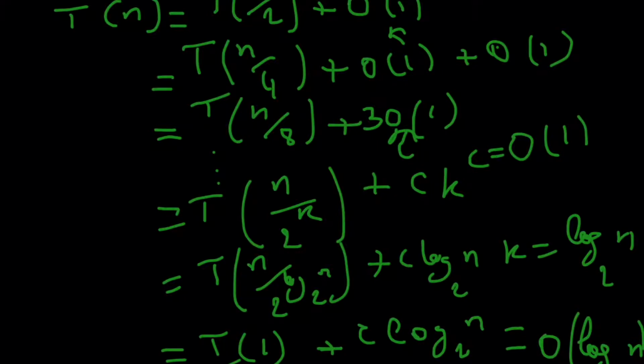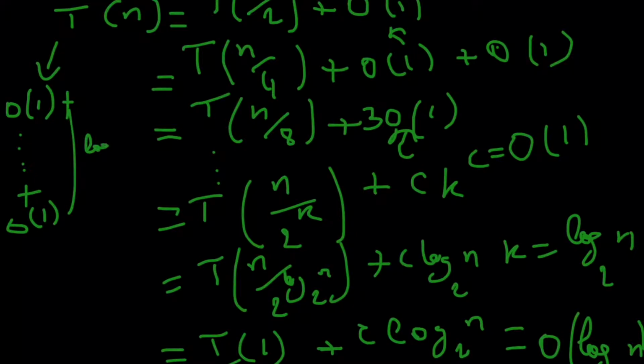There is another easy way to see it, because according to what we did here, it would be O of 1 plus O of 1 plus O of 1, until plus O of 1, and it would be log base 2 of n times, because each time we divide the problem into a problem that is half the size.